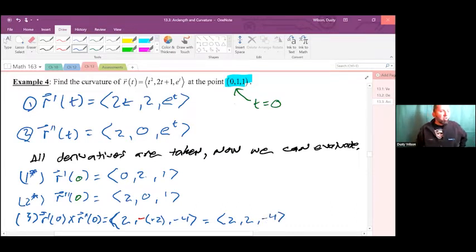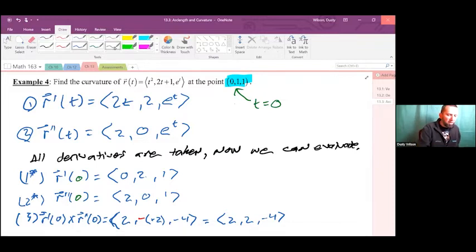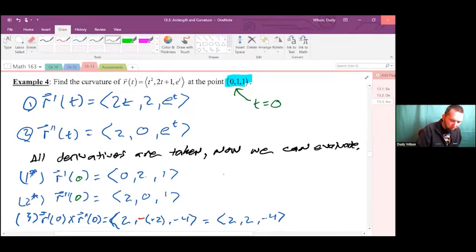One thing I like to do when I find my cross products is to quickly check them against the original vectors. Check with the dot product.